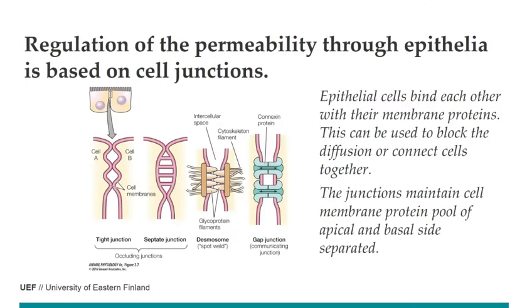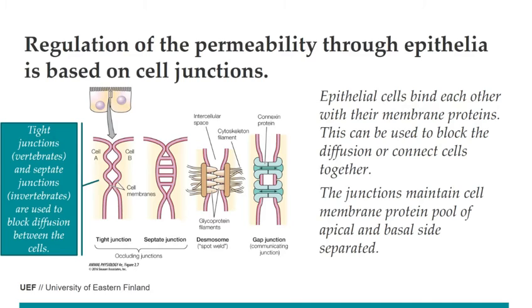And the regulation of transport through the epithelia is based on the cell junctions. We have different kinds of junctions binding these epithelial cells together. First of all, we have tight junctions that are common in vertebrates, and in invertebrates there are quite often septate junctions.